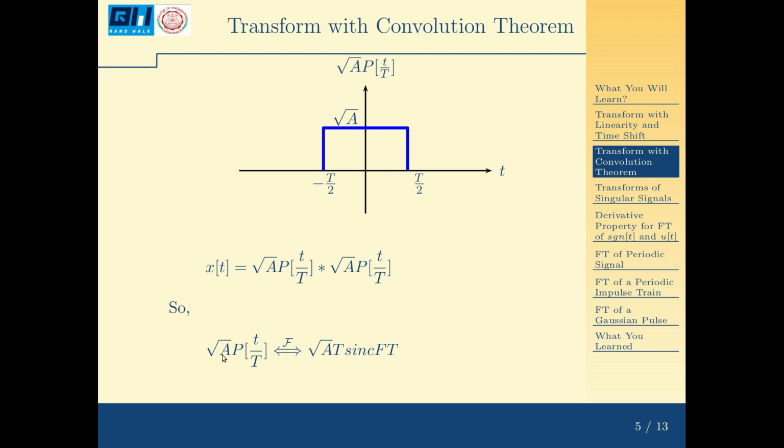So we know from our earlier discussion that p_T(t) has a Fourier transform of T sinc(fT). Here the amplitude is only root A, so the Fourier transform of this particular pulse is root A T sinc(fT). Now since x(t) is a convolution between two pulses, X(f) will be the multiplication between their Fourier transforms.